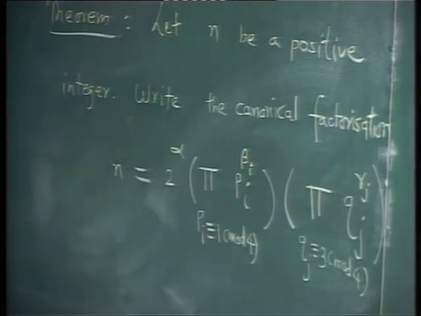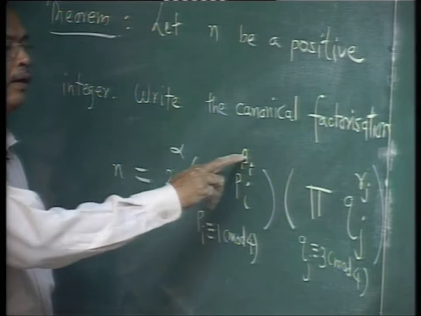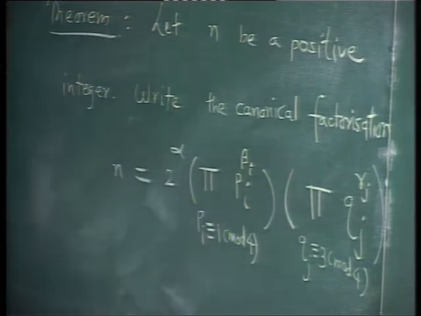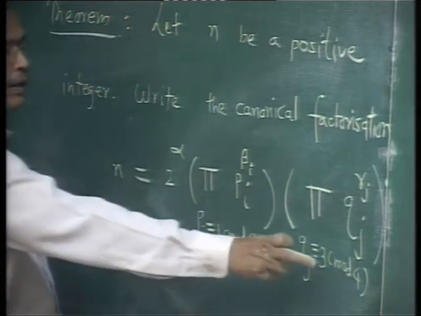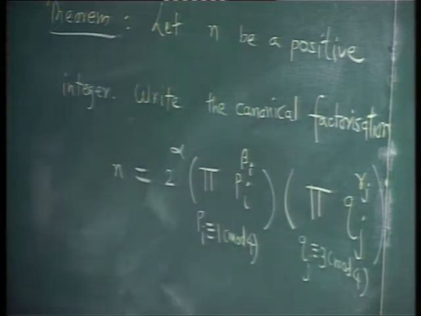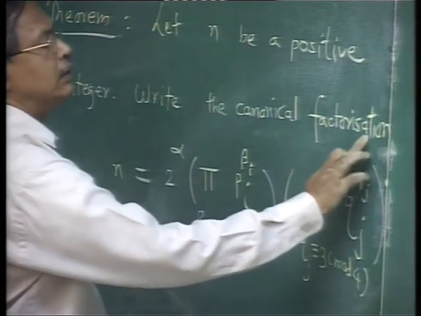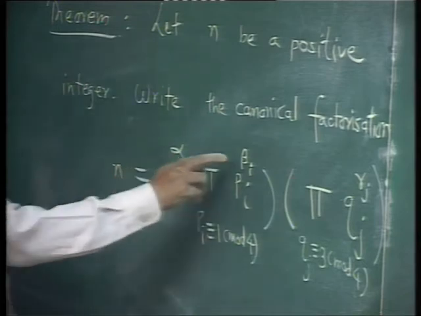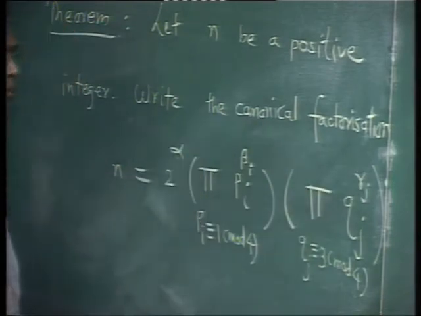These are finitely many primes in the canonical factorization. The canonical factorization means the factorization of n into products of prime powers, where all these powers usually we write to be positive powers.